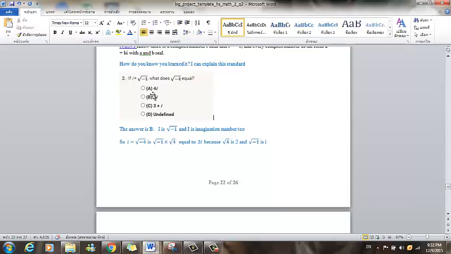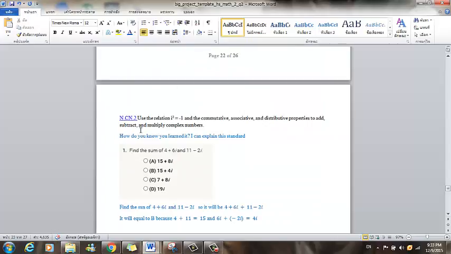The answer is B, because i is equal to root minus 1, and as you know, i is the imaginary number. So root minus 4 is root minus 1 times root 4, because root 4 is 2 and root minus 1 is i, so the answer is 2i.